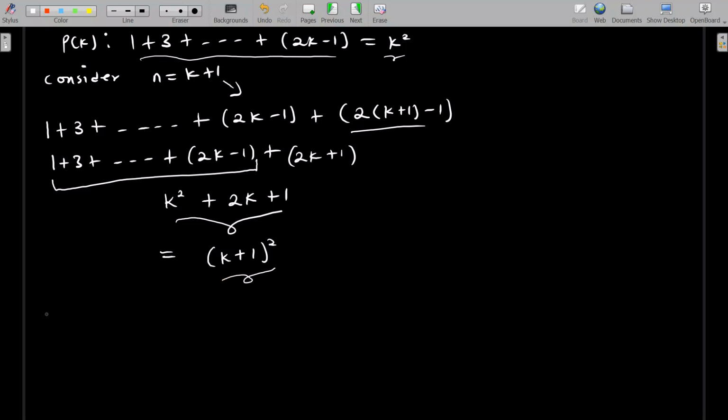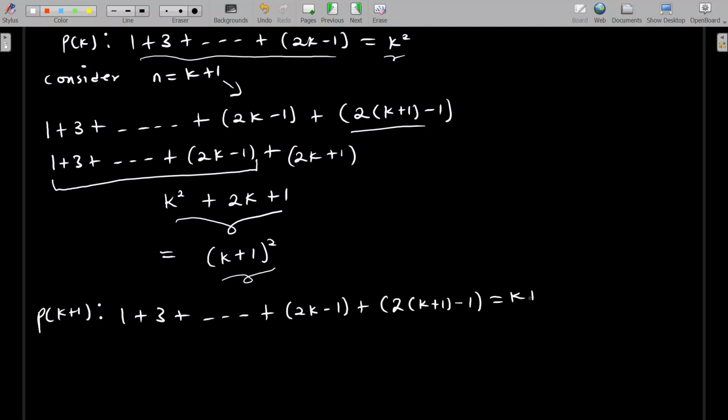So it means for P of k plus 1, we have that 1 plus 3 plus ... plus 2k minus 1 plus 2 into k plus 1 minus 1 is equal to k plus 1 squared.